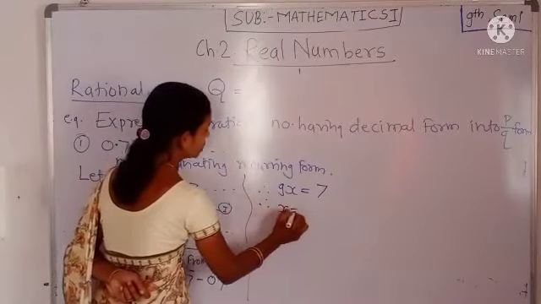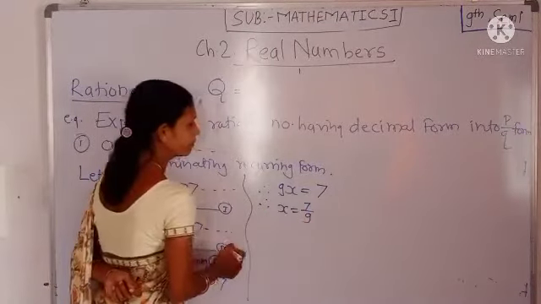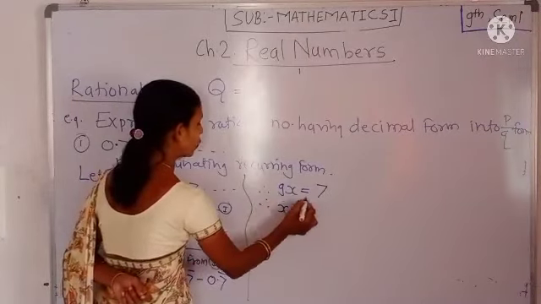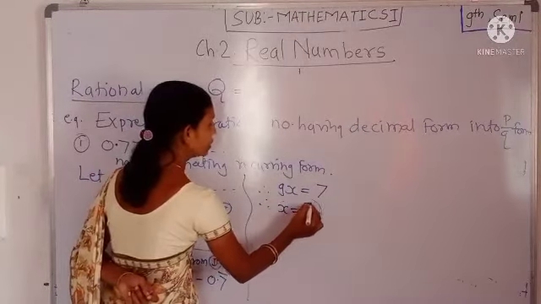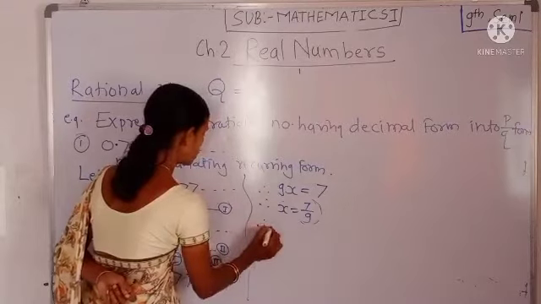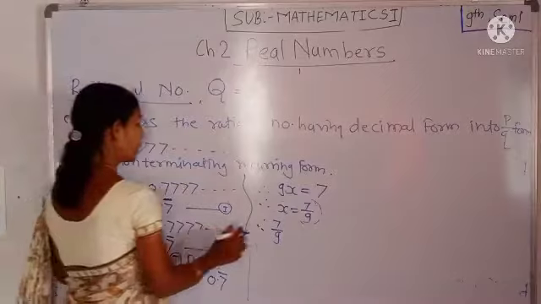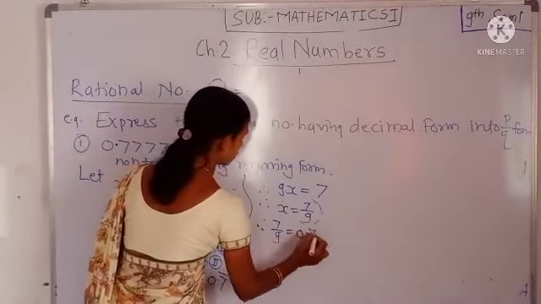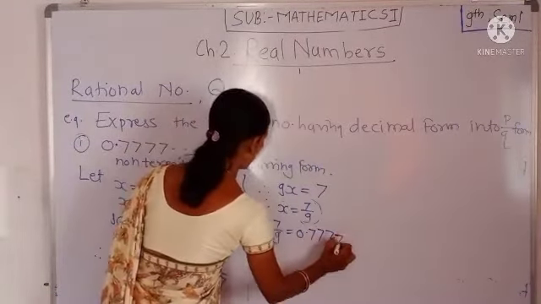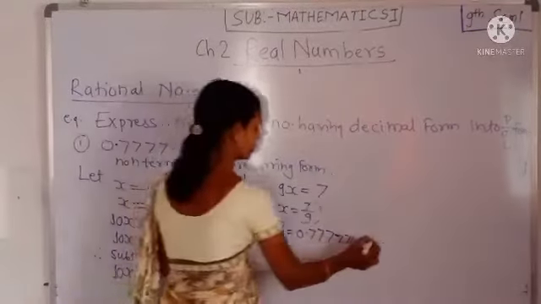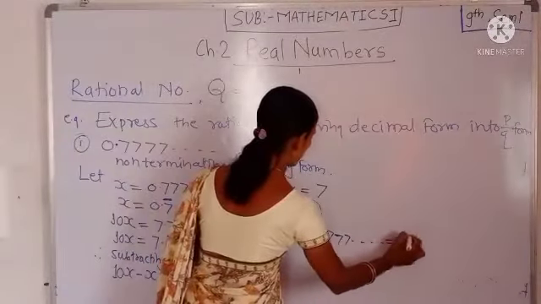Therefore x is equal to 7 upon 9. Then see here, x is a rational number which is found in the form of p upon q. That means 7 upon 9 is the p upon q form of the decimal form of the rational number 0.777, or 0.7 with a dot.